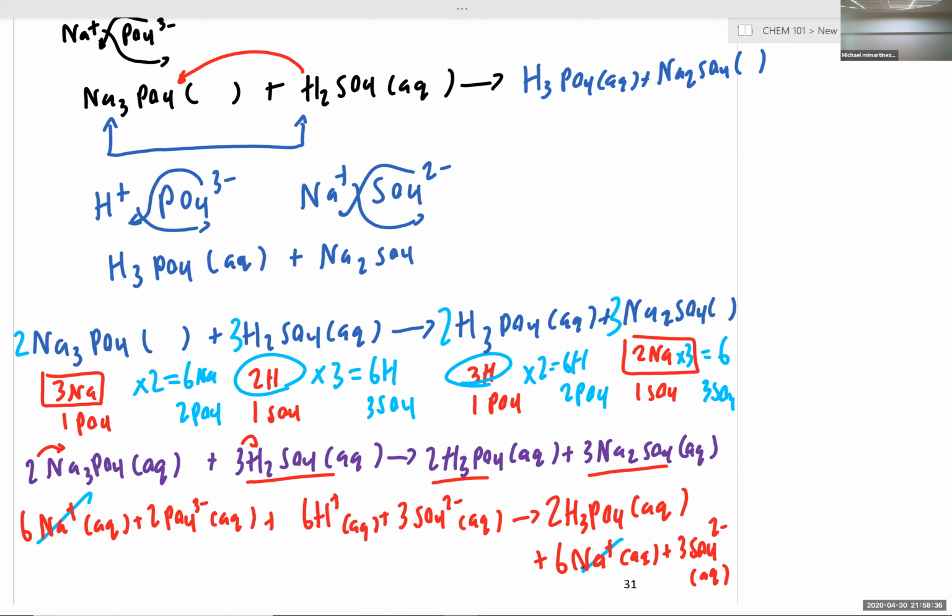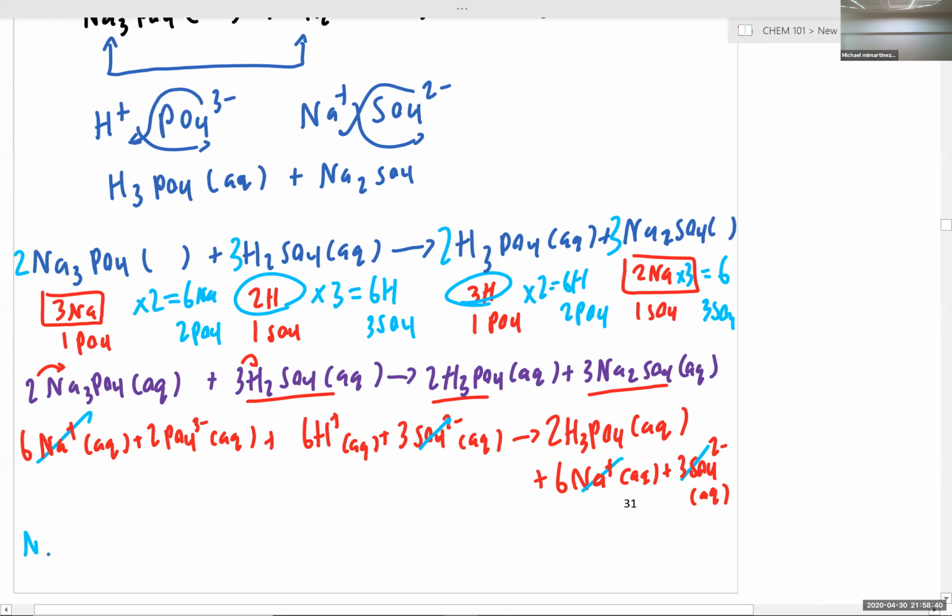What else? Sulfate, yep. Perfect. So for our net ionic equation, we have our phosphate reacting with 6H plus to yield 2 phosphoric acid.